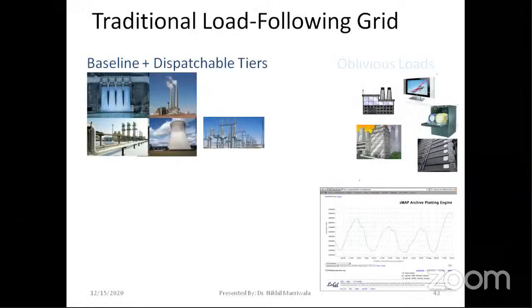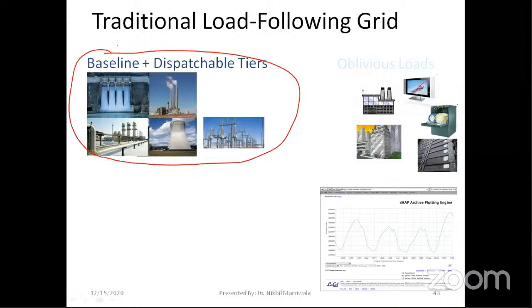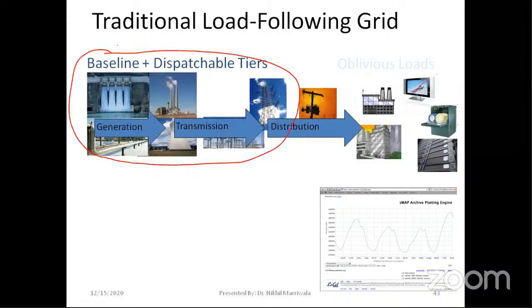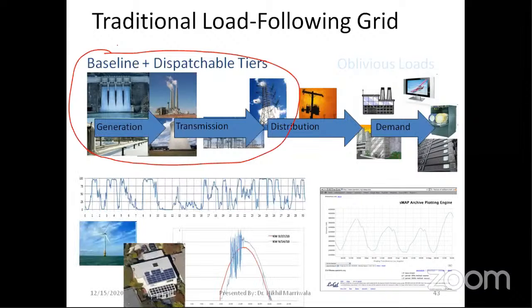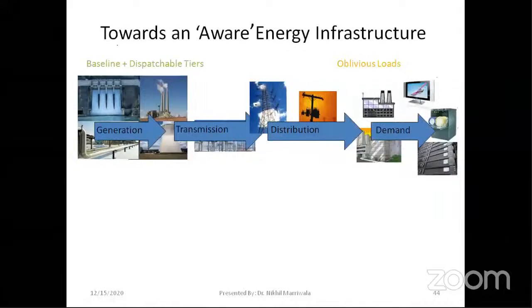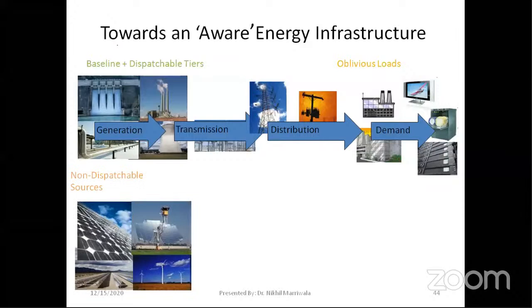Traditional load following grid. This entire thing is producing the energy. Now what happens? Generation, transmission, distribution, and demand. So this is how it looks like, very simple. We are generating the energy, transmitting it, then distributing it according to the demand that we have.